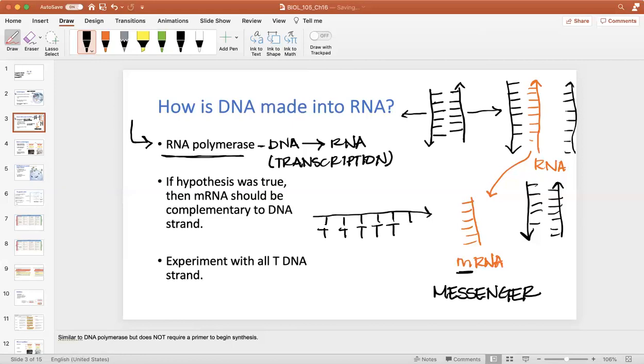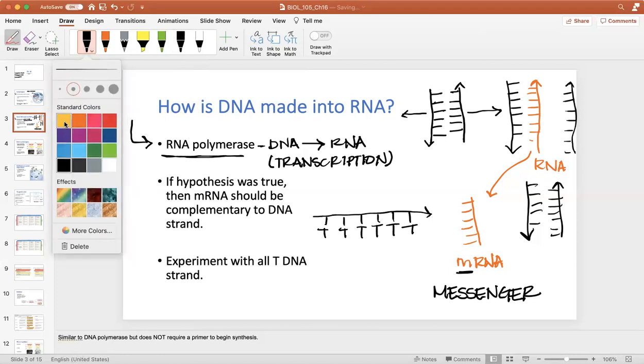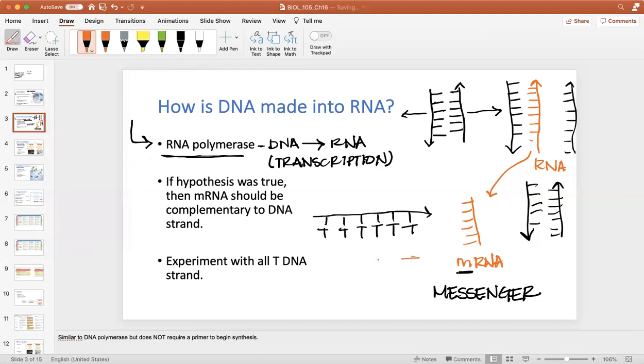And they said, look, if this RNA is functioning like we think it is, and if RNA polymerase is functioning like we think it is, then the RNA molecule that results should be nothing but A's, and it should be this single-stranded molecule that can float around. And that's exactly what they found.